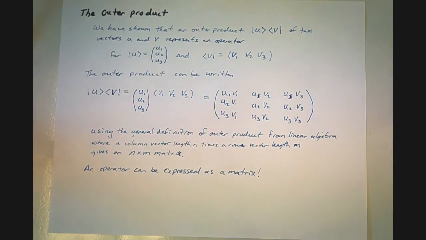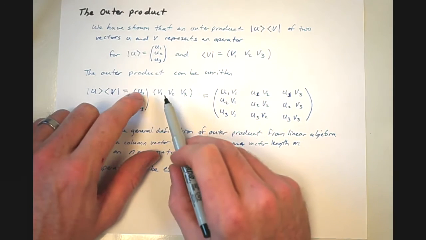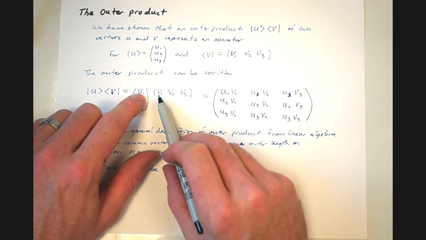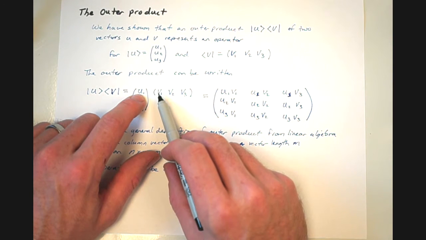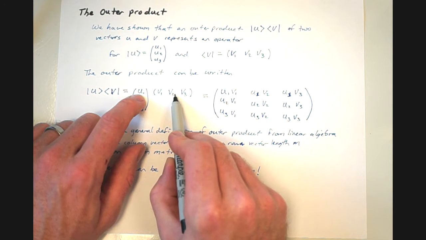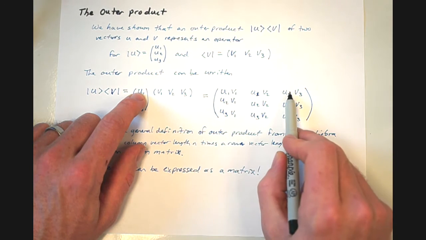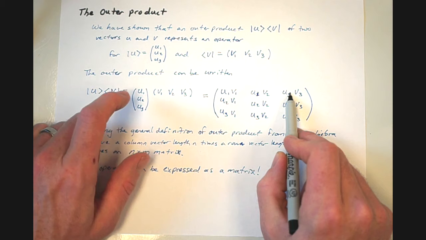So for matrix multiplication, what we do is our first row, or sorry, our first element here times v1, v2, v3. Those represent three elements in our matrix.